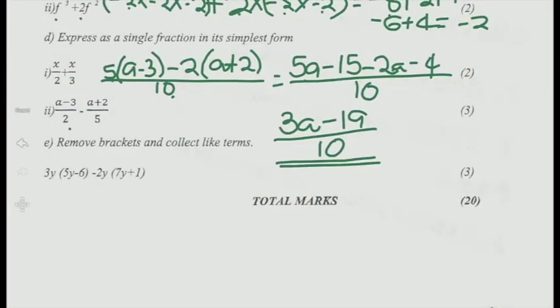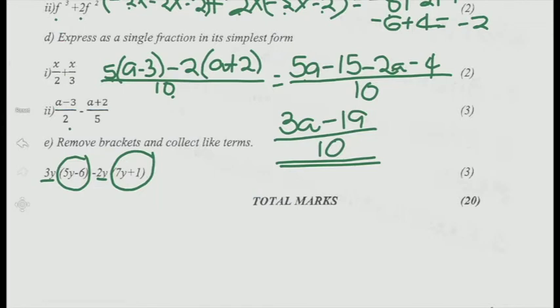Remove brackets and collect like terms. We have to remove the brackets first and then collect like terms. Before we remove the brackets, remember that the number outside the bracket multiplies everything that is inside the bracket.